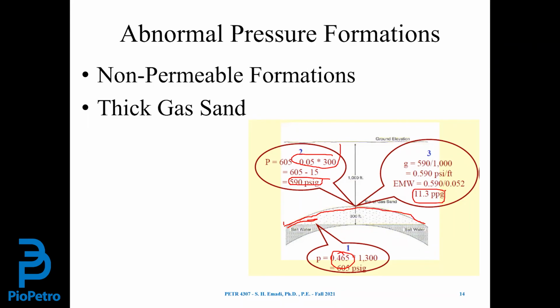It does happen. Usually it shouldn't happen because if we know the mud window and we drill based on the plan, we shouldn't fracture the weakest formation, which is supposedly below the casing.